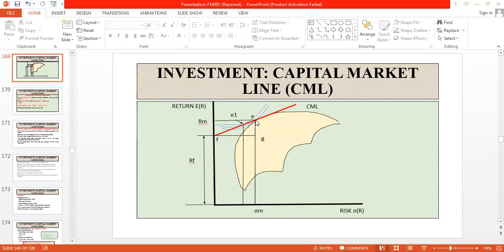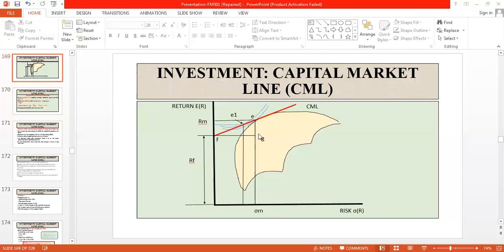So actually RM indicates the return of the market portfolio of equities, and sigma M indicates the risk of the market portfolio of equities.